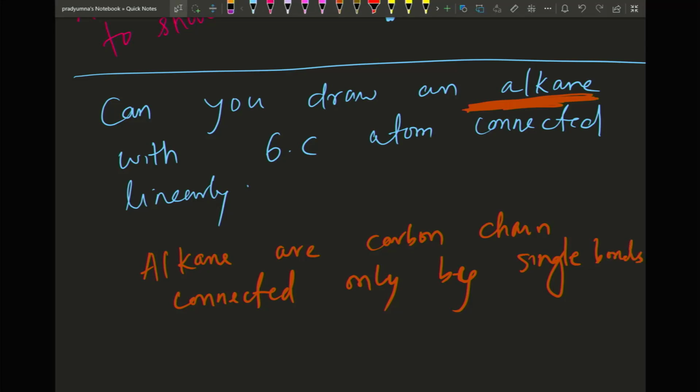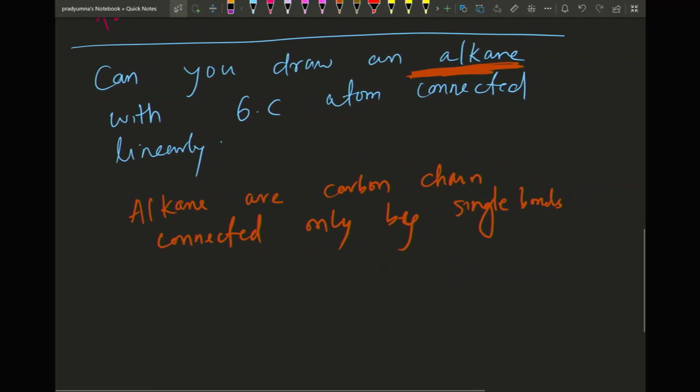All right, so the question is asking us to draw an alkane with 6 carbon atoms. What would you do? Draw 6 carbon atoms: 1, 2, 3, 4, 5, 6. Now each carbon atom should have how many bonds? 4. So for the first one, 1, 2, 3, 4.